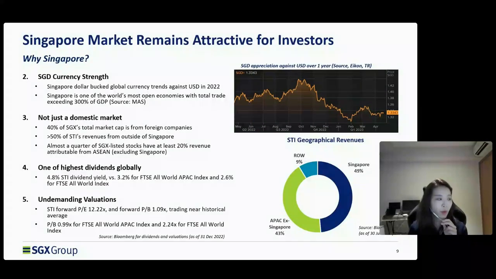In terms of valuations, it's at about 12 times forward PE. PB is trading near the historical average. And if you compare to the global indices, these are undemanding valuations at this point, I would say. Yeah, I think this is the end of my slides.